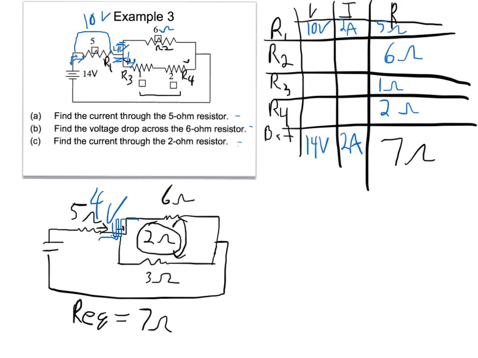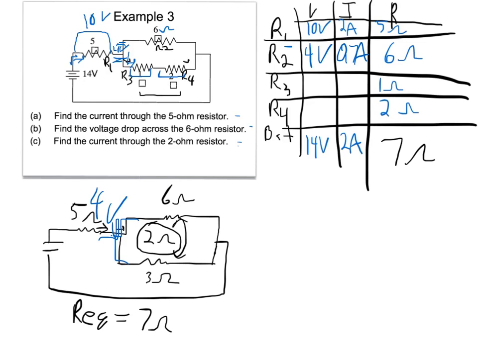So these are both independently connected to the 4 volts, meaning that R2 with its 6 ohms will get 4 volts. And then the voltage, though, will in some way get split across these, so we'll have to figure out what happens there. We can, however, very easily figure out the current on the 6 ohm resistor, because we've got all its information. And that would just be 4 volts divided by 6 ohms. Gives me 0.7 amps.